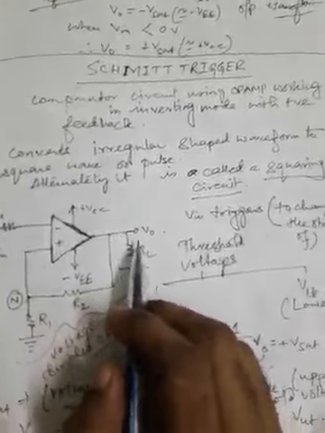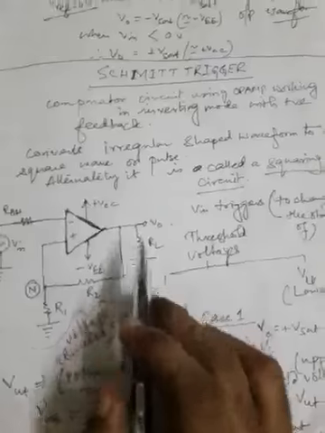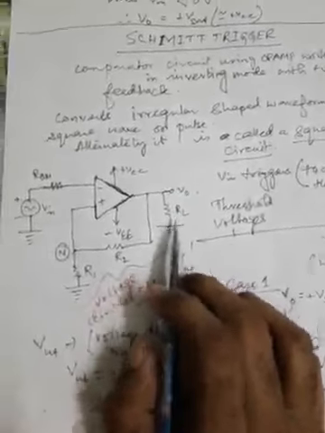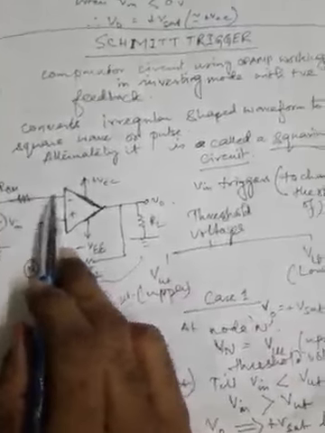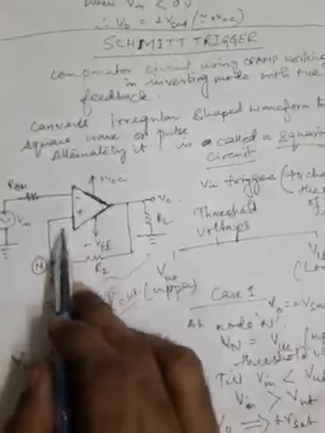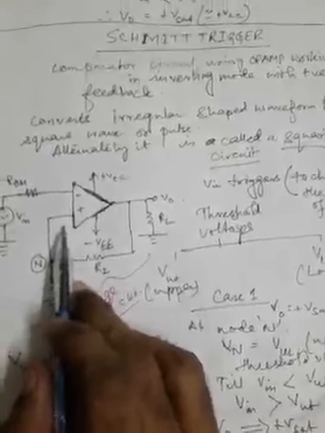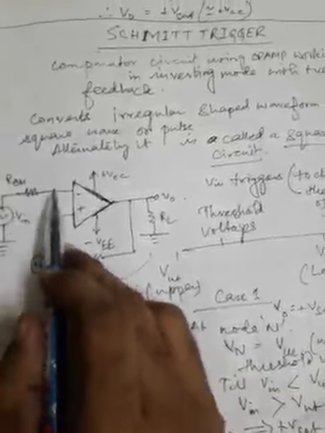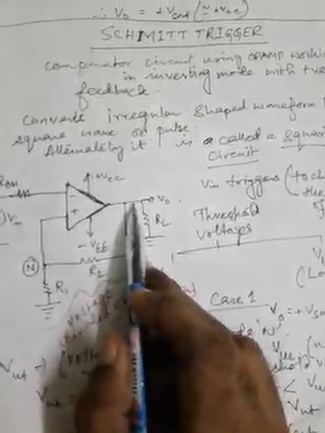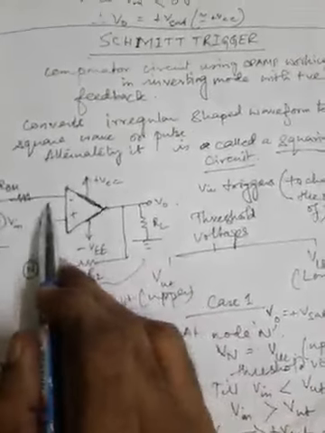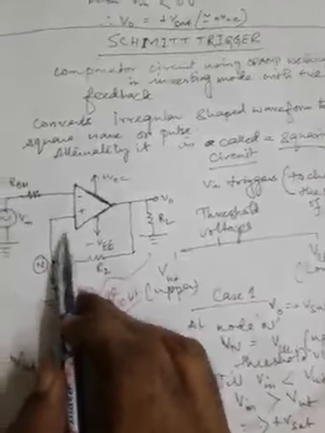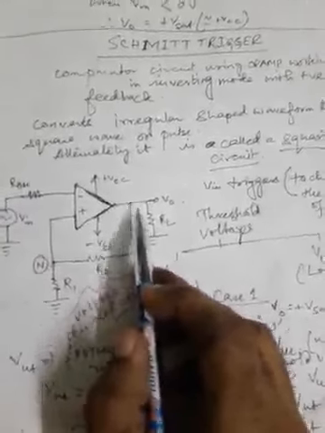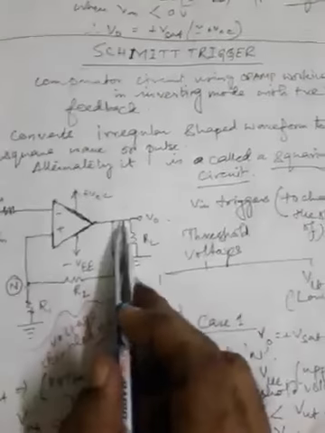If Vin is more negative than VLT, the output will switch from minus Vsat to plus Vsat, because we then have a greater voltage at the non-inverting input than at the inverting input. So the output will be inverted, that means it will once again become positive.